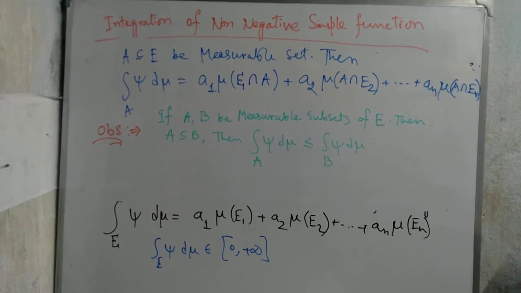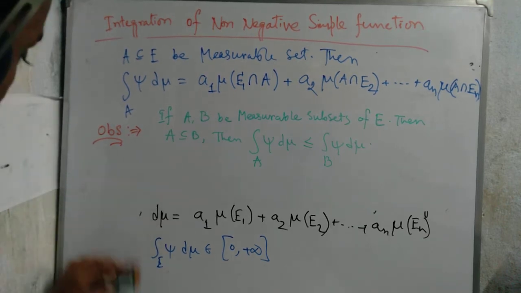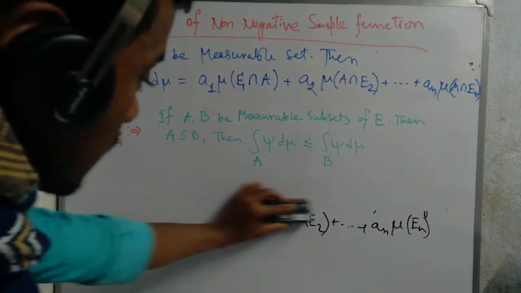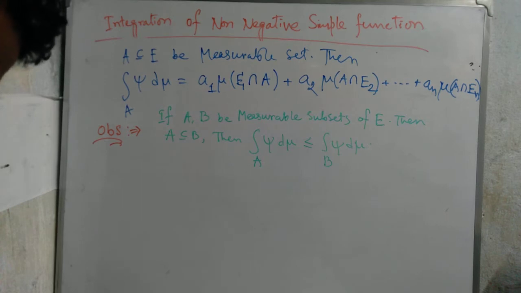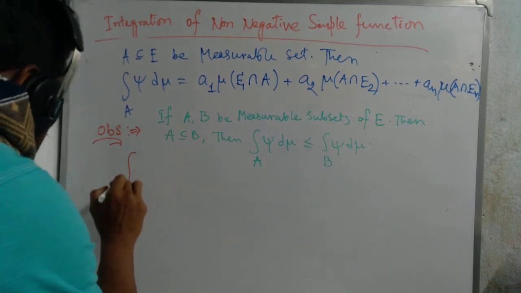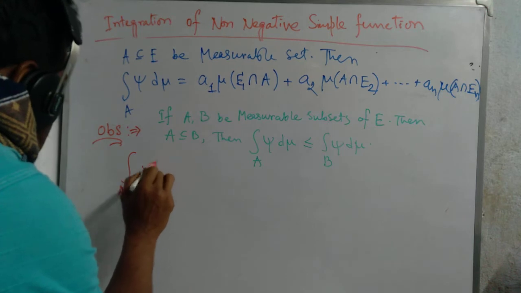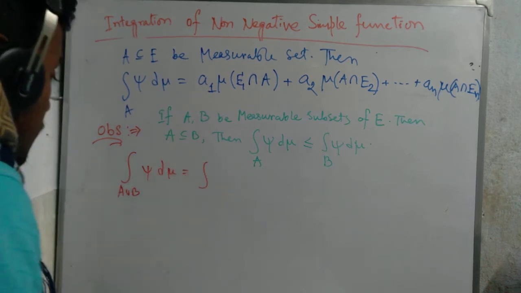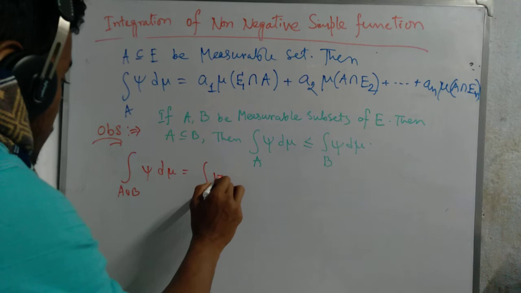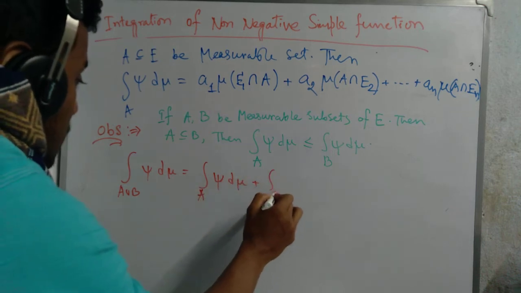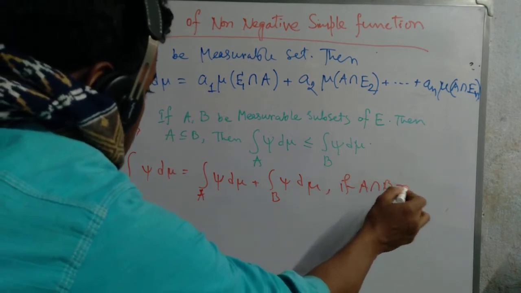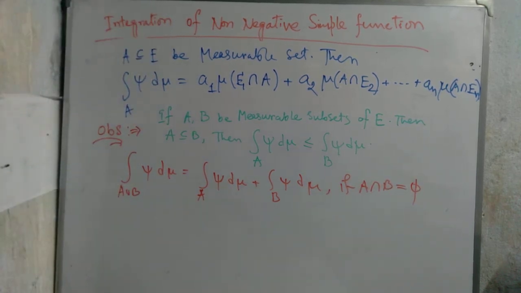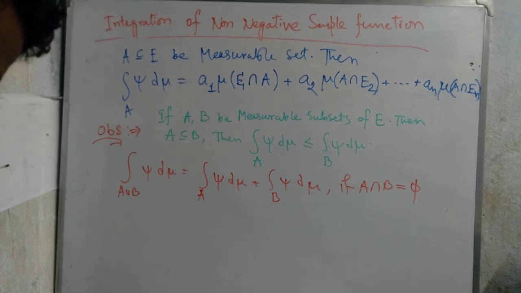Now if we erase the lower portion and go to further discussion, we can also write this: the integral over A union B of psi d mu equals the integral over A of psi d mu plus the integral over B of psi d mu, if A intersection B equals the empty set. How is this possible?